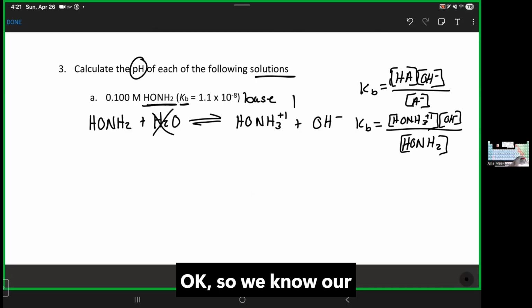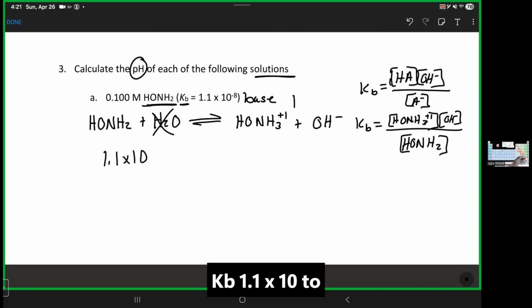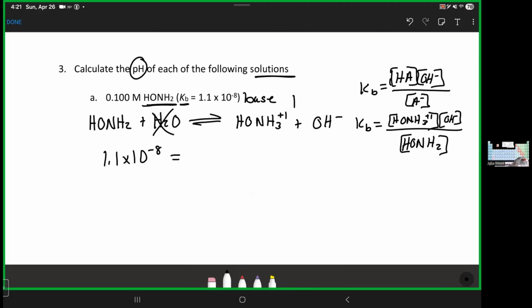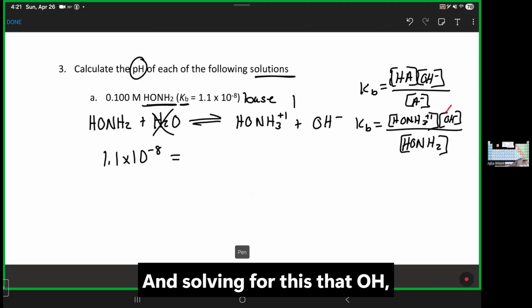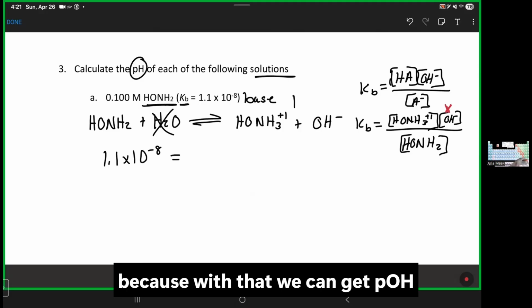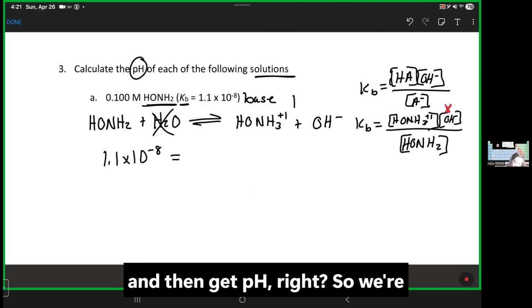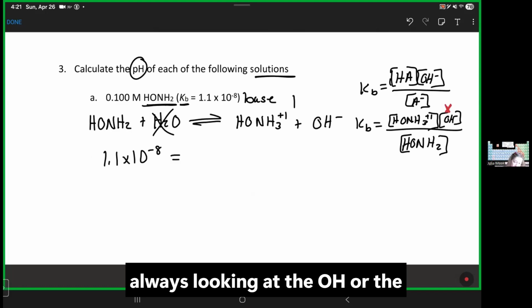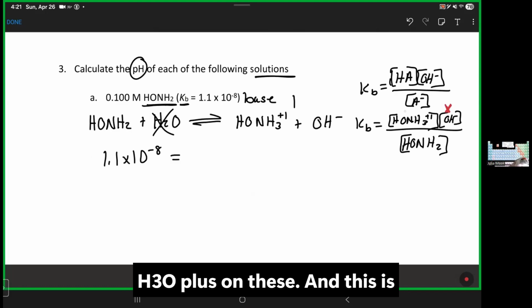Okay, so we know our Kb, 1.1 times 10 to the negative 8, is equal to, I'm solving for this OH, because with that, we can get pOH and then get pH, right? So we're always looking at the OH or the H3O plus on these. And this is the exact same concentration.